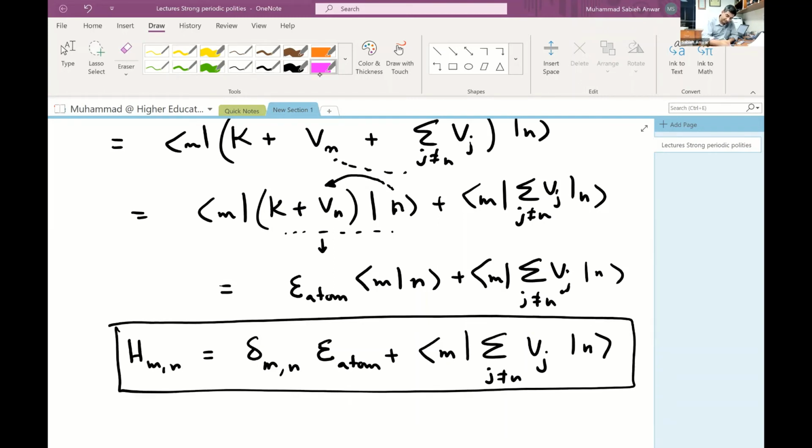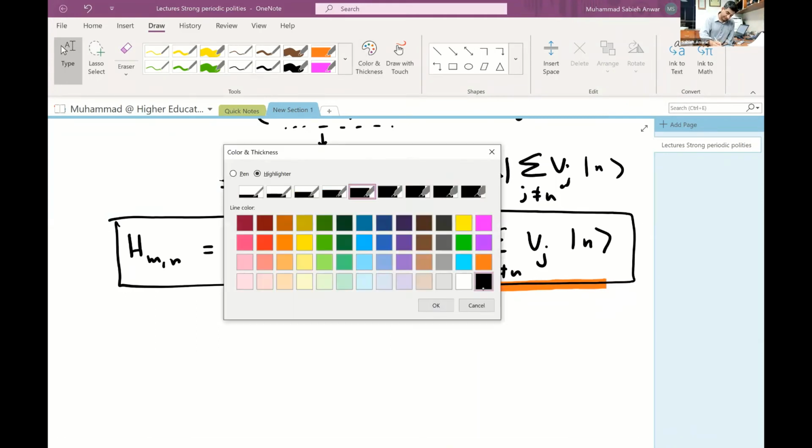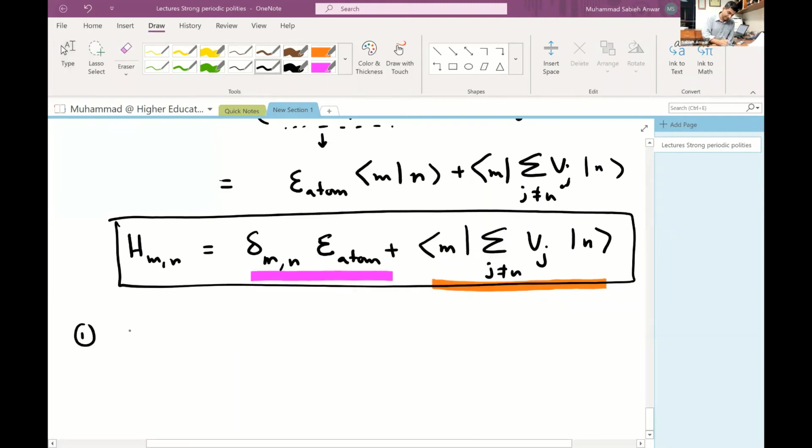Now, this term is clear here. I need to focus on this term. So here I have a sum of matrix elements. m could be the same as n, m could be different from n, and so on. Now there are only three possibilities. I can break up the possible values of m and n into three scenarios. The first scenario is that m is the same as n.